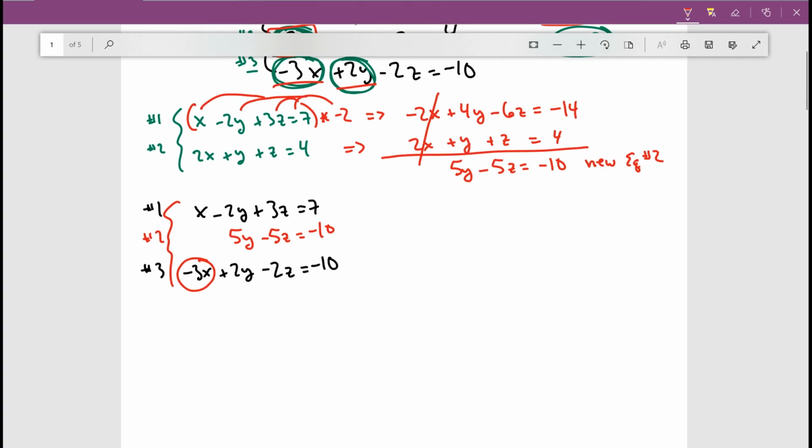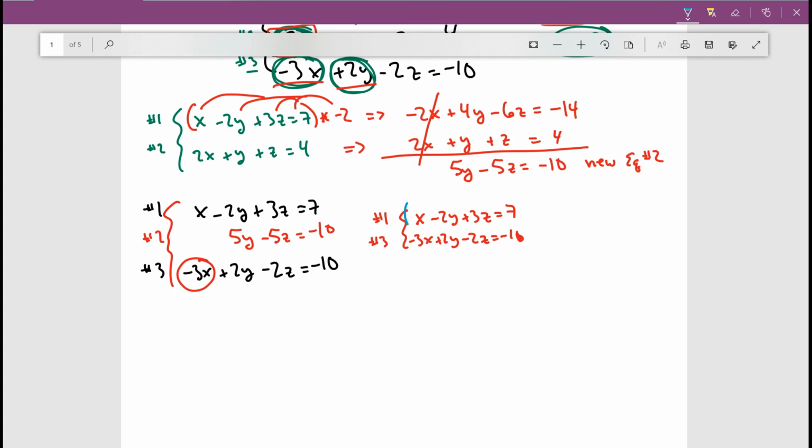Okay, it's a strategy. So I'm going to use equation number 1: x minus 2y plus 3z equals 7. And then I'm going to use equation number 3: negative 3x plus 2y minus 2z equals negative 10. I'm going to try to get rid of this x.